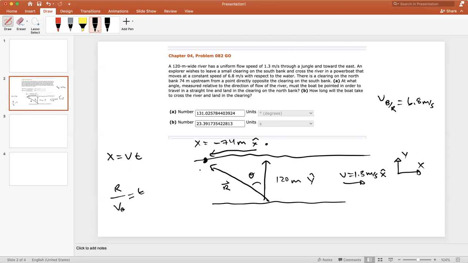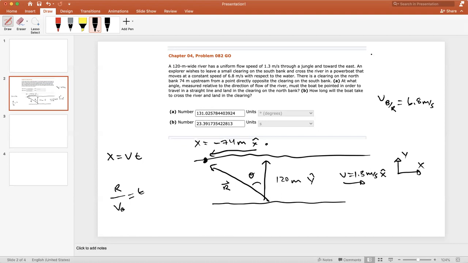That won't work. And why won't it work? You've got to think about this, because you would think this would totally work. It won't work because the river is actually moving, and the boat's moving relative to the river. So he has the motion relative to the river, but he also has the motion of the river relative to the ground.